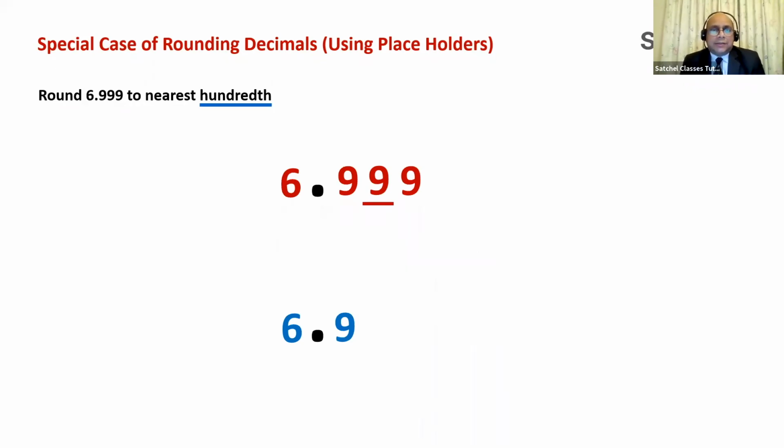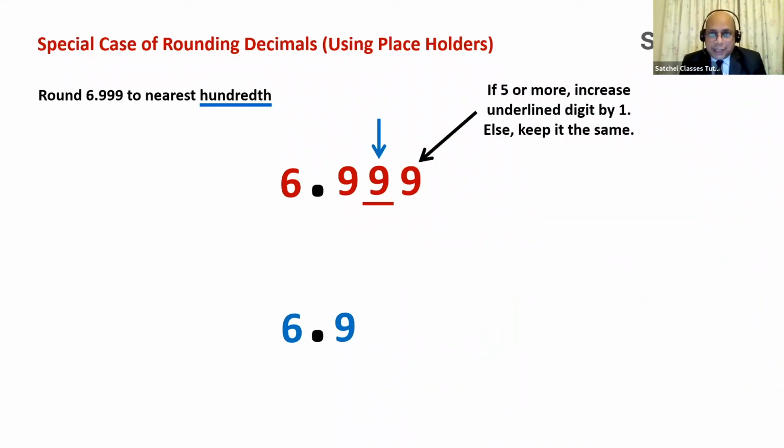And then the call on that 9, which is underlined, will be taken based on the next digit, which again is 9. Because 9 is more than 5, we need to increase the underlined digit by 1. So 9 when increased by 1 becomes 10. We write the 0 of the 10 in place of 9, and we carry over the 1 to the preceding digit.